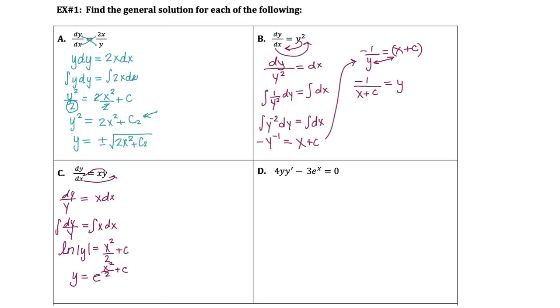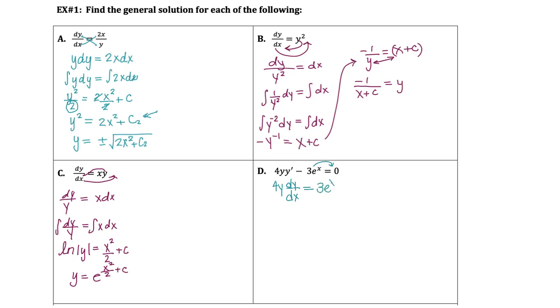All right, so for the next one, this y prime here, that's the same thing as dy dx. So this term that we have here is going to be 4y dy dx. And I'm going to go ahead and add that over to the other side.